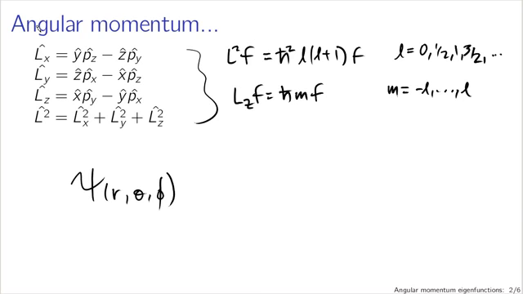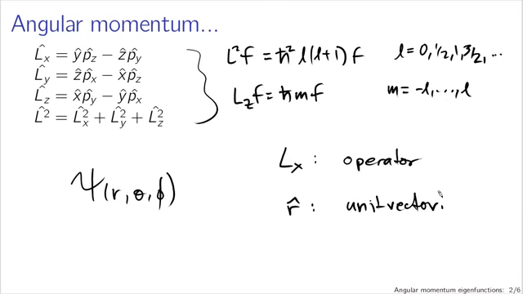So I'm going to try and follow Griffiths' notation, and I'm going to try and point out where things are operators and where things are unit vectors. But in this lecture, if I write something like Lx, I mean the operator. And if I write something like r hat, I mean the unit vector. Like I said, I'll try and be clear about what I mean in each case.